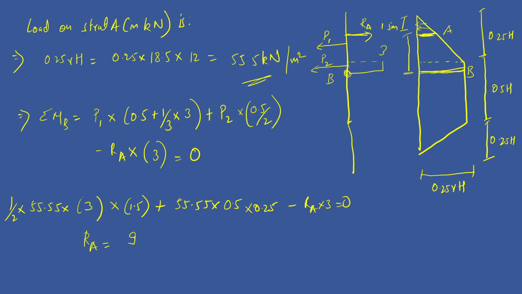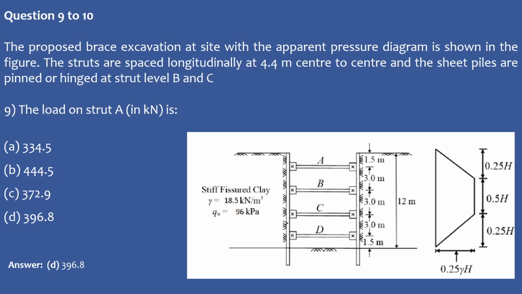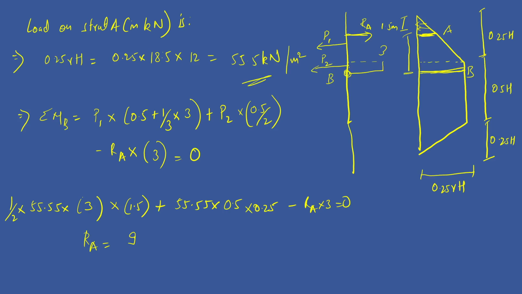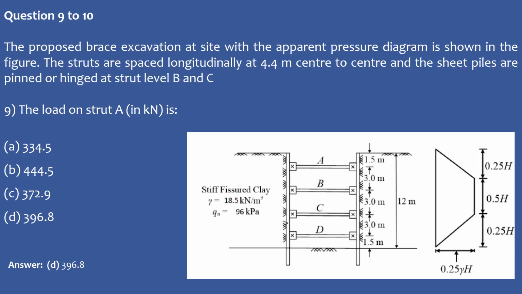The triangular portion centroid from point B is 0.5 plus 1 by 3 h, that is 3. Is it 0.5 or 1.5, sir? From point B, it's 3 meters. Okay, it's 4.5 meters, sorry. Total is 4.5 meters. 0.25 is 3 meters.